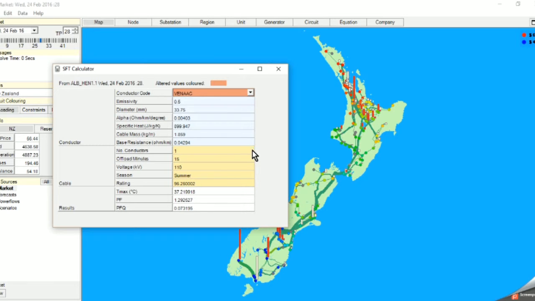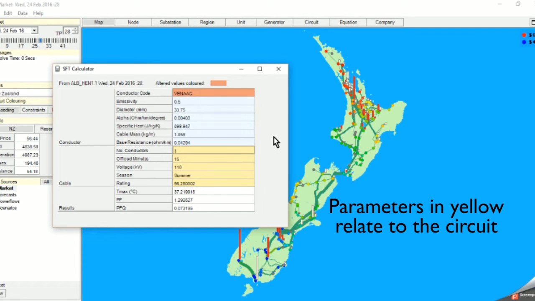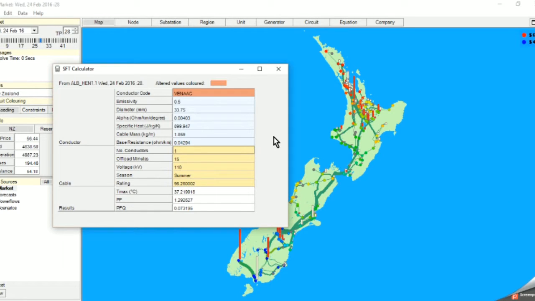Now the next set of parameters are specific not to the conductor but to the circuit itself. You can change the number of conductors, you can change the offload time in minutes, you can change the voltage in kilovolts, you can change the season, and you can change the thermal rating on the cable.